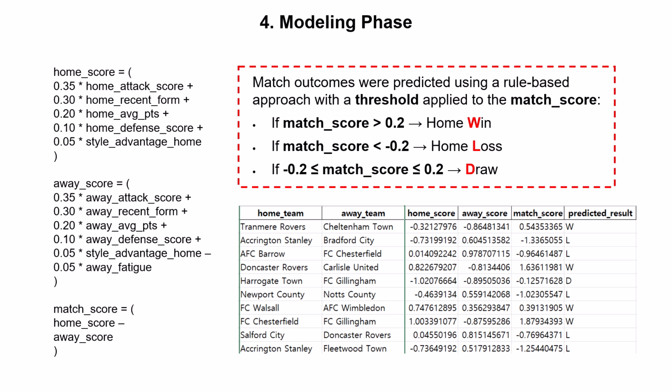So this balanced weighting structure reflects the idea that recent form and attacking strengths are usually the strongest predictors. But the other factors like fatigue or defense still contribute meaningfully as well.